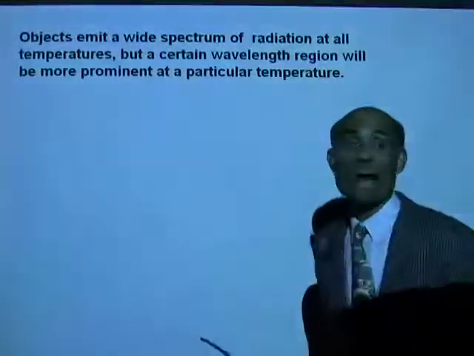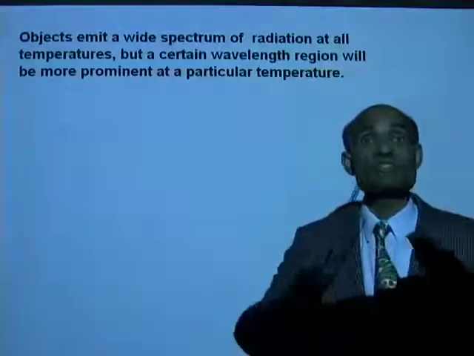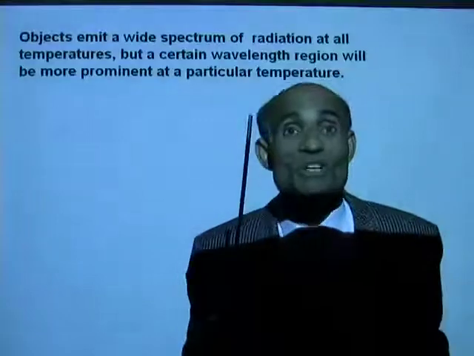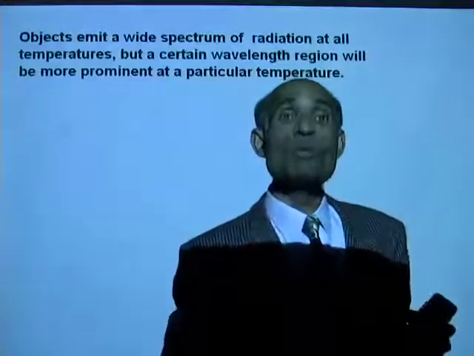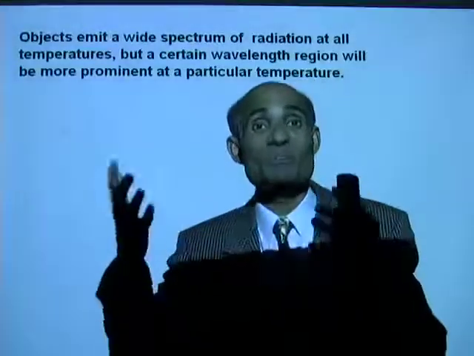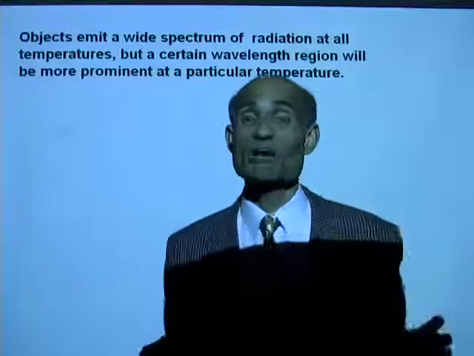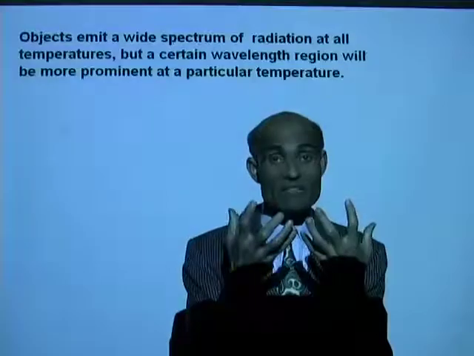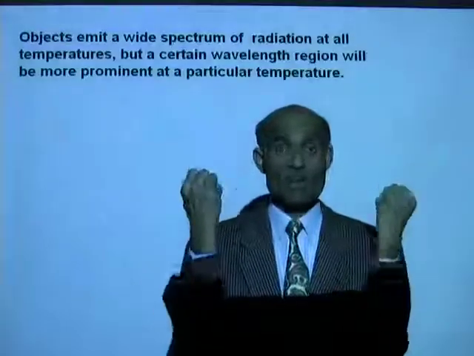Objects emit a wide spectrum of radiation at all temperatures, but a certain wavelength region will be prominent at a particular temperature. Now, you see, I told you that a human body will radiate infrared.